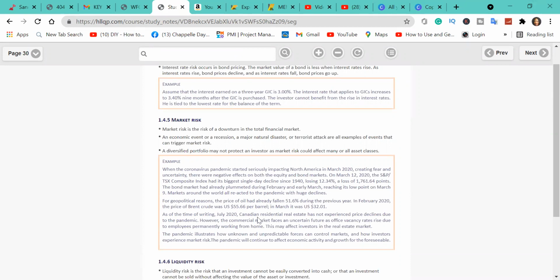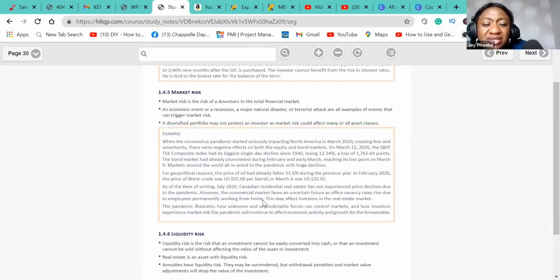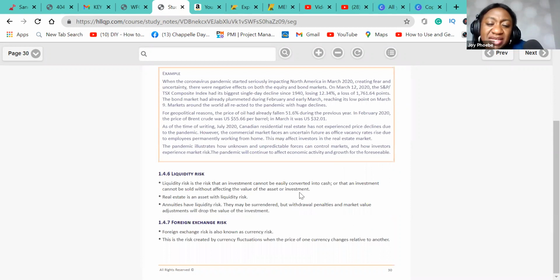Then liquidity risk is the risk that an investment cannot be easily converted into cash. One of the major investment vehicles that suffers liquidity risk is real estate. You can't easily sell your property so that you have money in your bank account in the next 3 days.